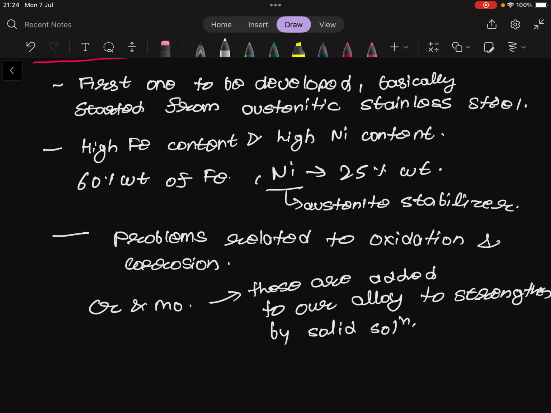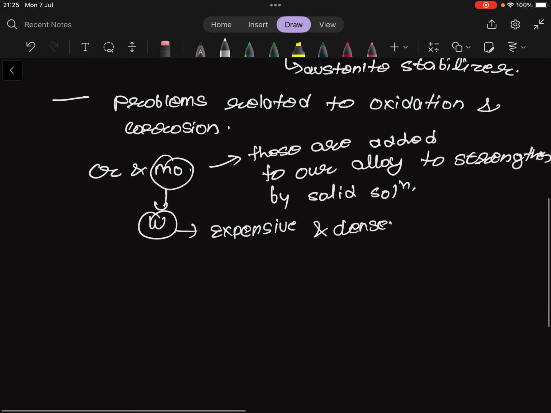In some cases, molybdenum can be substituted by tungsten, but tungsten is quite expensive and denser than molybdenum. Also, we know that chromium provides resistance to oxidation.